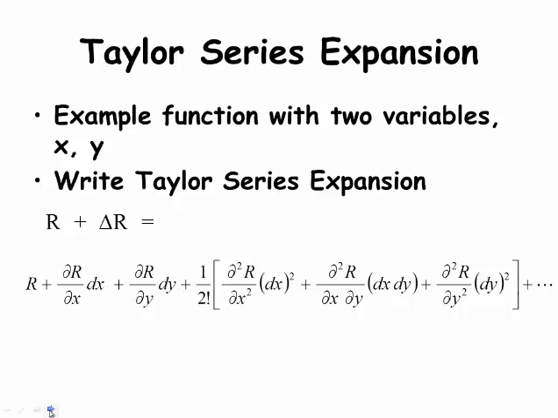We can write r plus delta r equals r plus the partial of r with respect to the partial of x times dx plus the partial of r with respect to partial y times dy plus 1 over 2 factorial times several higher order terms in the square brackets. We are interested in delta r, where delta r corresponds to the plus-minus uncertainty value.